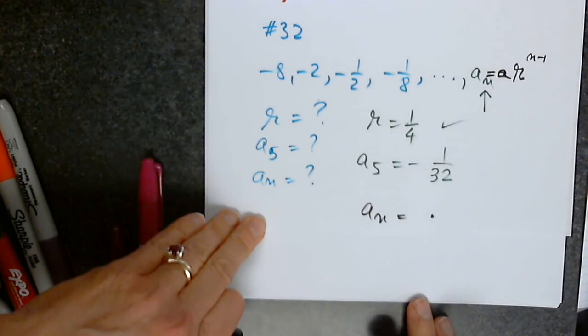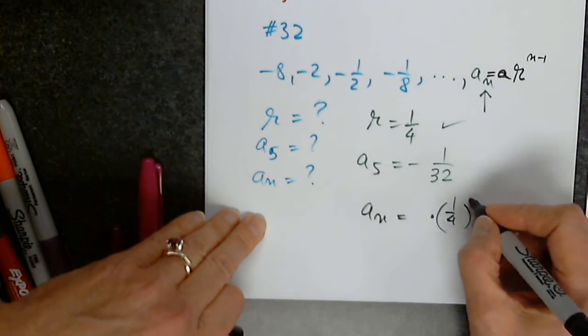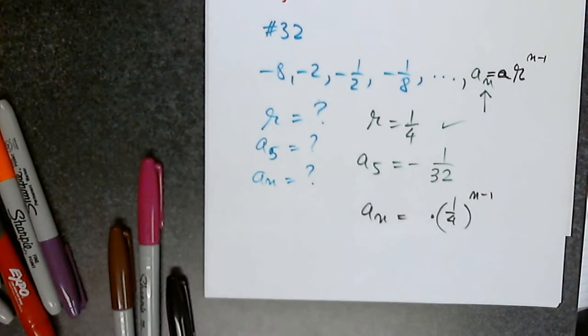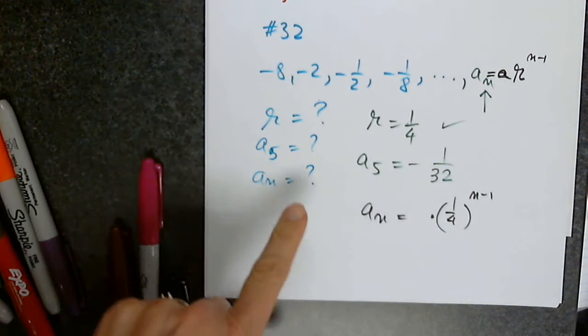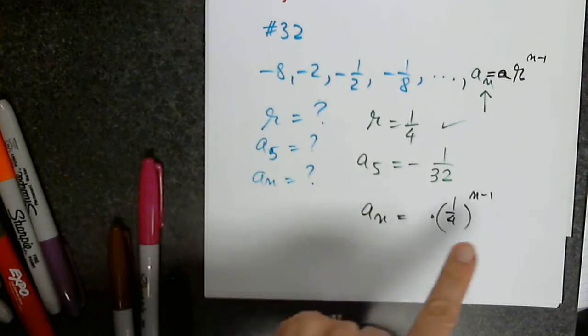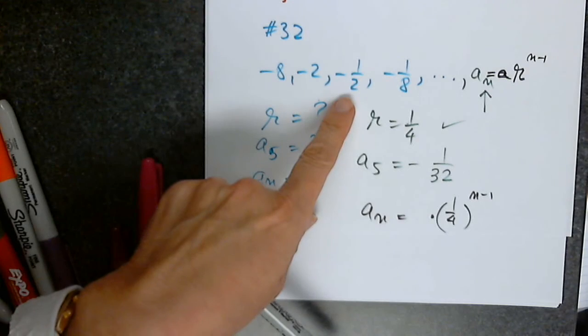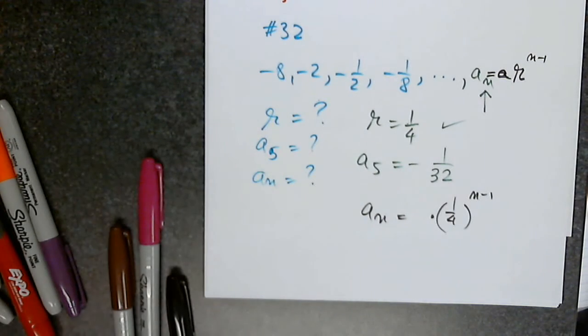So what is R? Raised to which power? Good. And now let's analyze what we should put in front, so that this generic term, when I plug in 1, I get negative 8. When I plug in 2, I get negative 2. When I plug in 3, I get negative 1/2, and so on and so forth. It has to work. Okay, good.